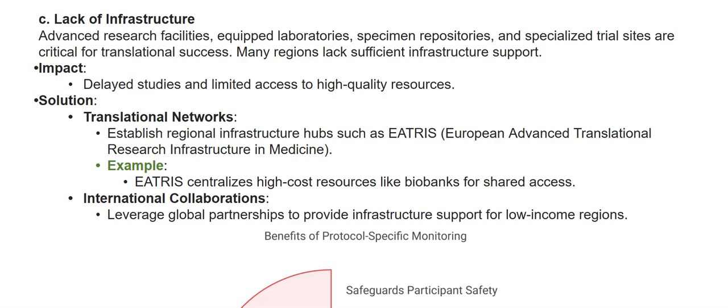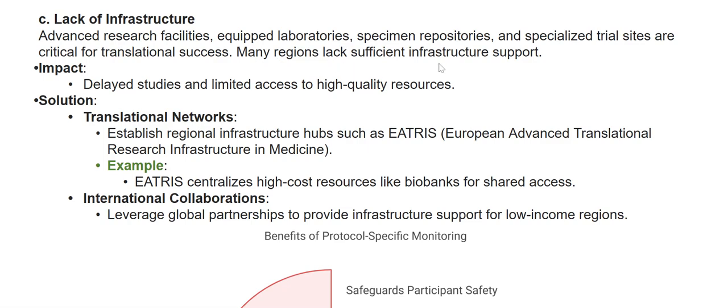Lack of infrastructure. Advanced research facilities, equipped laboratories, specimen repositories, and specialized trial sites are critical for translation success. And we have mentioned this point as well on the translational research topic in the related video or session.